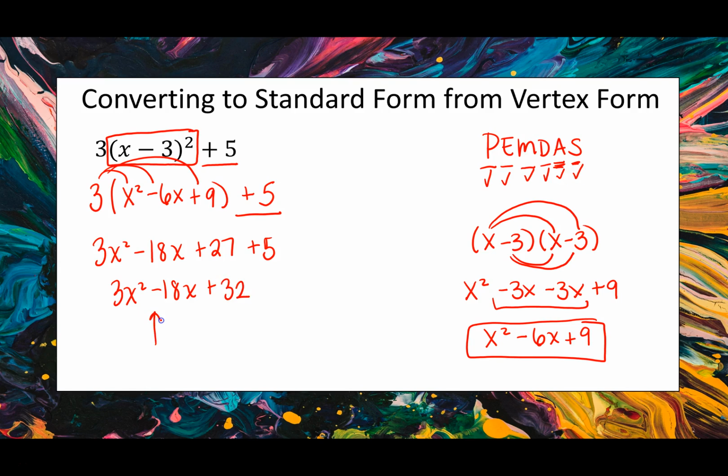Well, yeah, sure we have subtraction, but are these like terms? Can we combine them? No, we can't. So we are all done. This is most definitely in standard form. It's in that ax squared plus bx plus c, where my a is 3, my b is negative 18, and my c is 32. So this is our answer.